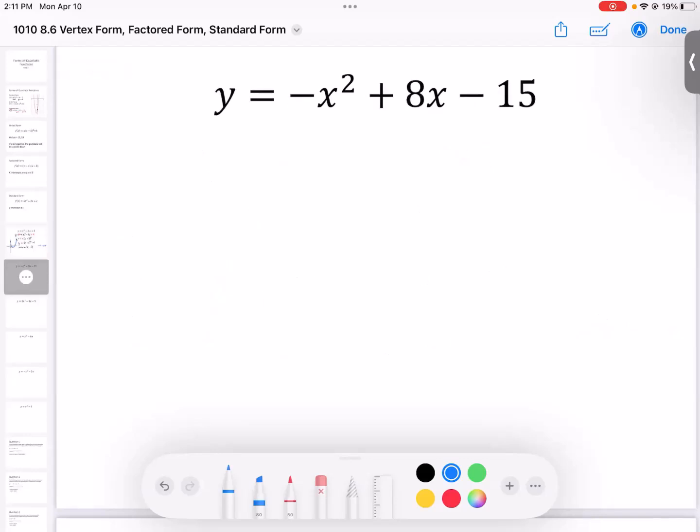Okay, so on this one, what would be our first step to get it into vertex form? Okay, perfect. So I'll add 15 to both sides, which gives me y plus 15 equals negative x squared plus 8x. What would my next step be?